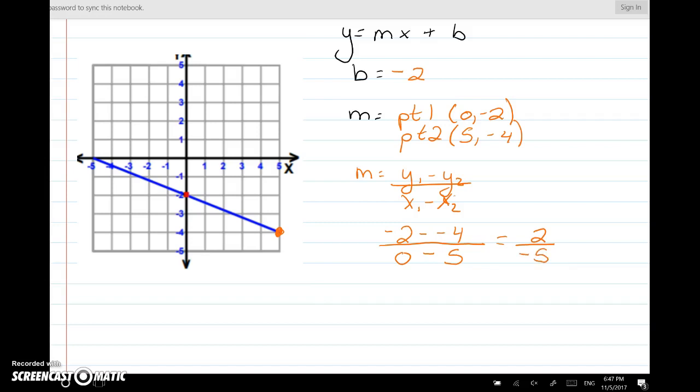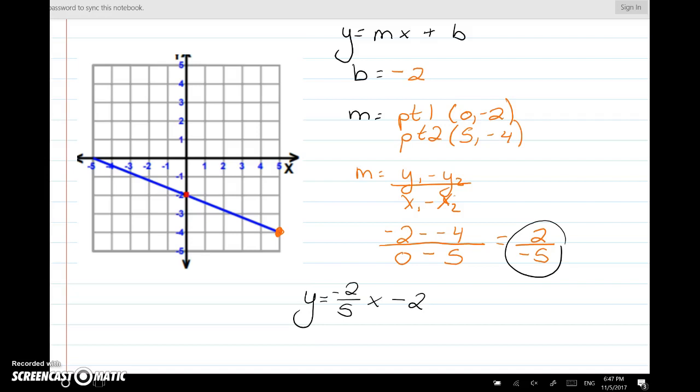So I'm going to go ahead and plug things in. I'm going to start with my y equals, instead of m, I'm going to use -2/5. Again, no matter where the negative is, as long as there's one negative, it's negative. If there are two negatives, it's positive. X. Now here my b is negative, so I'm going to write -2.